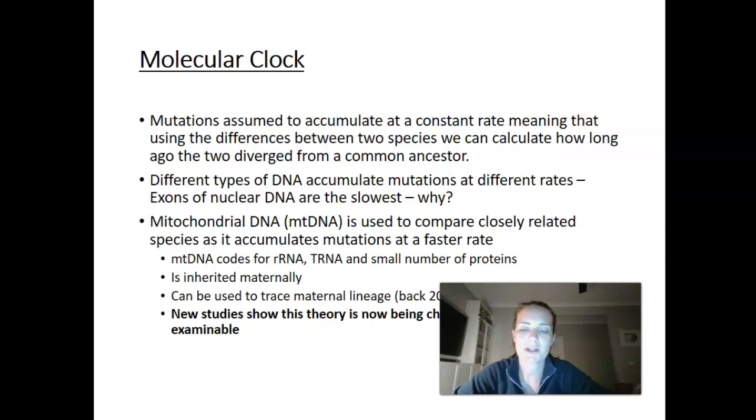So it assumes that mutations accumulate at a constant rate, which we know they don't, and so it's not a very accurate measurement, but it's the best we've got. So if we assume that mutations accumulate at a constant rate over a given time, and we can see how many mutations difference there are between two species, we can give an estimate of how long ago those two species diverged.